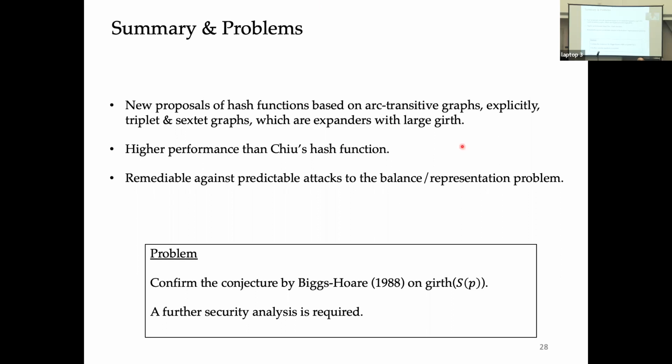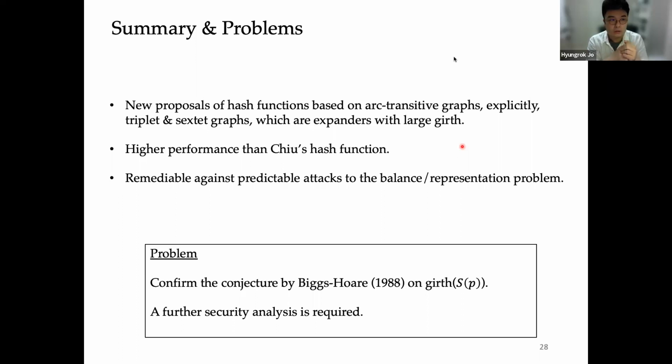Okay, well, I have a quick question. I'm curious how difficult you think it might be to come up with more explicit examples. Oh, yes. We also searched for other examples, but it is hard to find ones which also have large girth. It is one of the big challenging problems in graph theory.